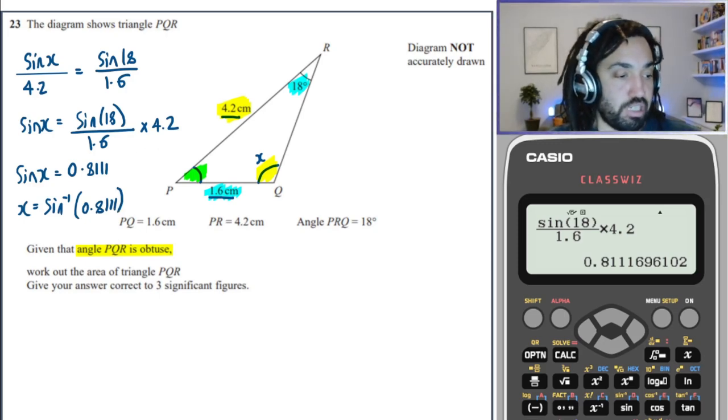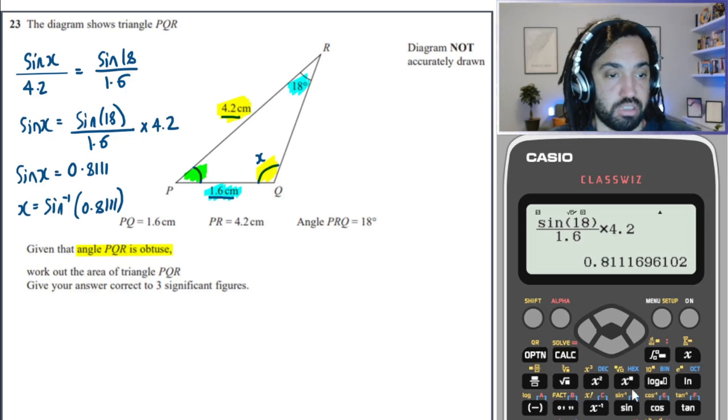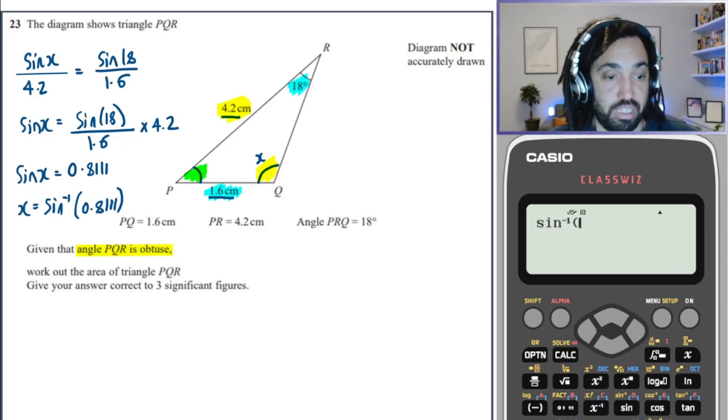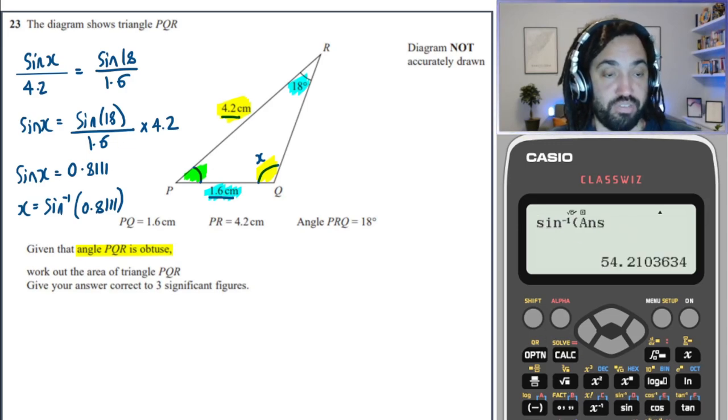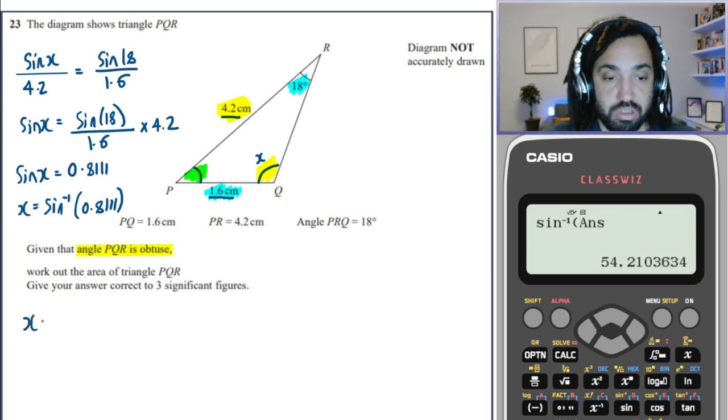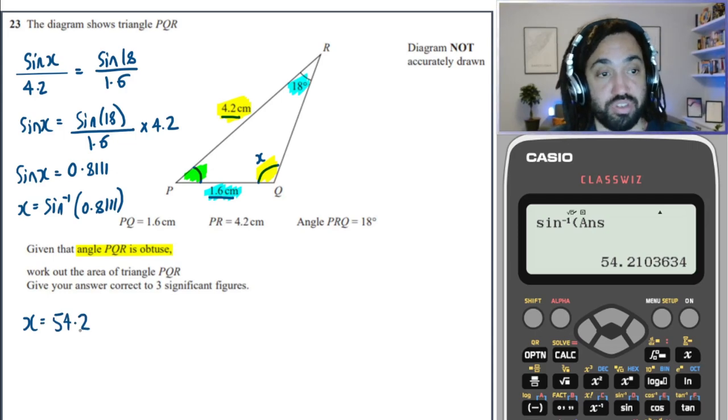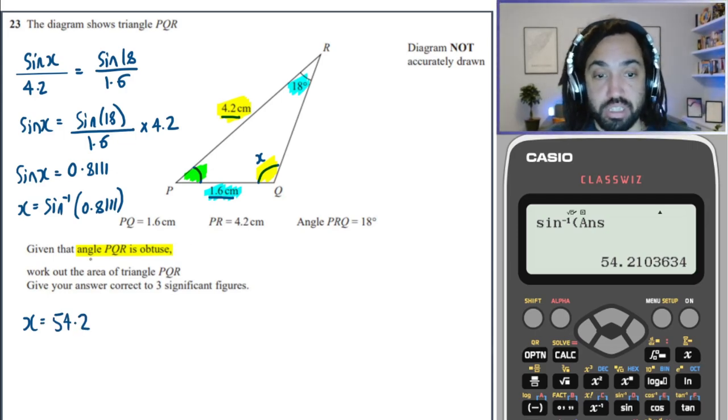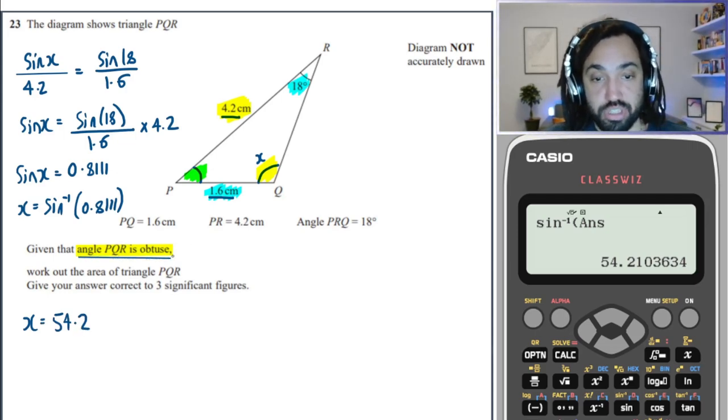Okay, so we go to our calculator and we do sine to the minus 1 of the answer, and we get 54.2. So on first look, it would seem that x was 54.2, but it does say that x is obtuse.